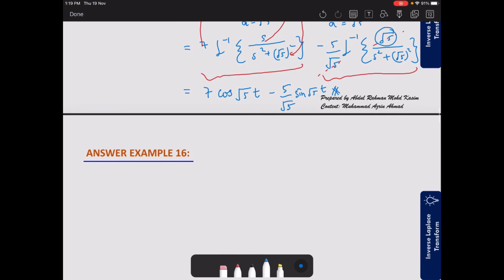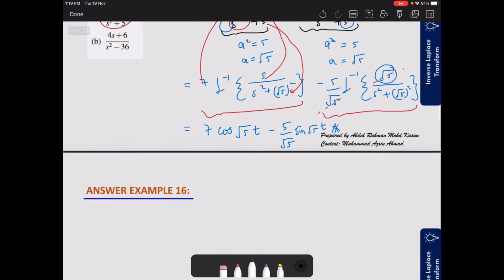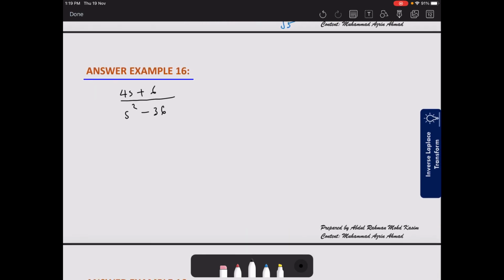Okay, second question, so you have here 4s plus 6 over s squared minus 36. So now you separate this equation into 2. We have 4s over s squared minus 36 plus 6 over s squared minus 36.